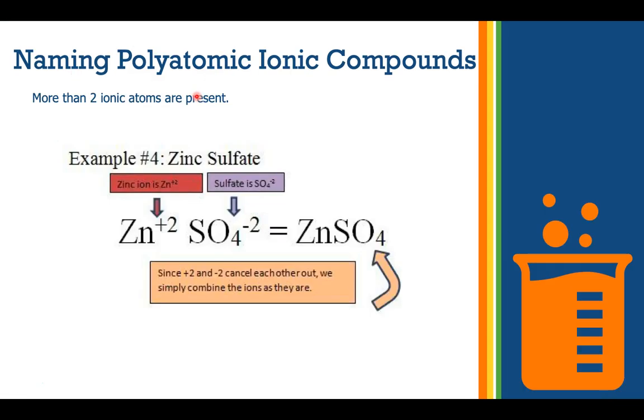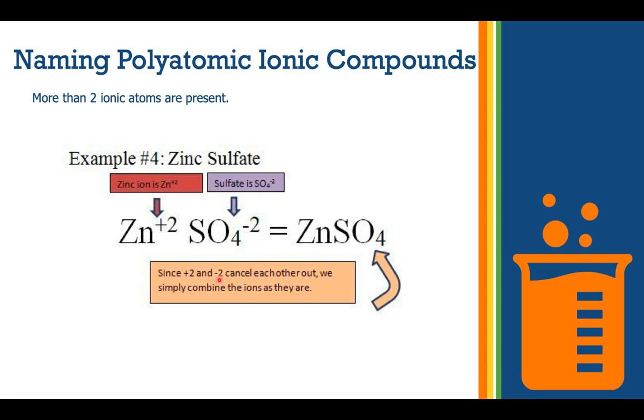Okay, for naming polyatomic ionic compounds, more than 2 ionic atoms are present. For example, for zinc sulfate, zinc ion is Zn 2+, right? And the sulfate ion is SO4 2-, okay? So, because there's a 2 and a 2, that means that we're not going to have any additional things at the bottom, right?